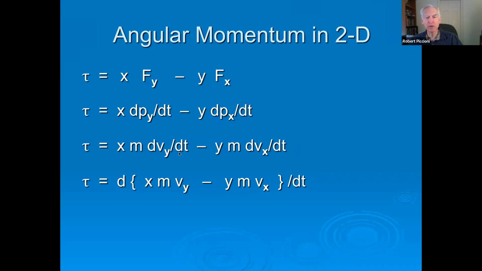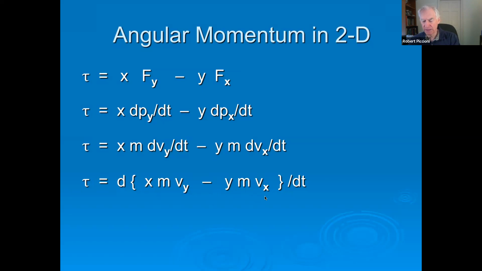And we can now move these derivatives outside, moved everything inside the derivative, moved the derivatives outside. That's not immediately obvious, but I will not justify it. You can do the calculation and you find out that there's a couple cross terms that cancel. That's a little bit of algebra that I'll let you guys do. So we have the torque is the rate of change of this stuff in brackets.